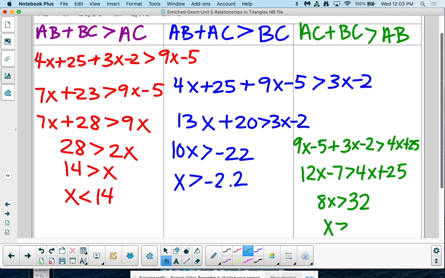What did you guys get for x? It's greater than... You guys get 4. X is greater than 4. Or no, equal. Can we do it like equal? We're used to the.